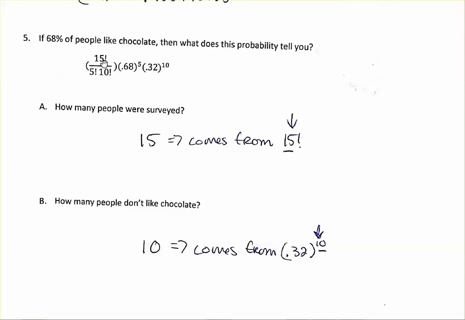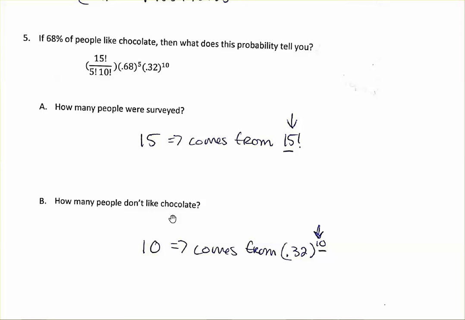When we see this on the quiz, they'll probably give you a statement like this, or they'll just give you this formula, and you have to figure out from the formula how to answer these questions. So how many people were surveyed? Well, 15, because our total n is that top number, which comes from the 15 factorial.